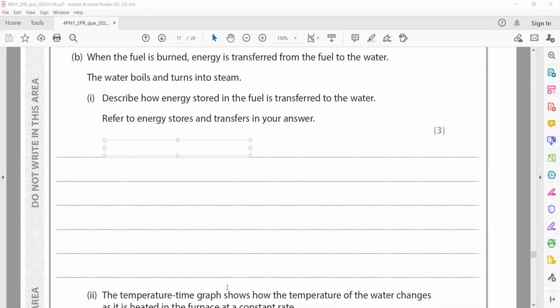So the fuel which we are using has chemical energy.